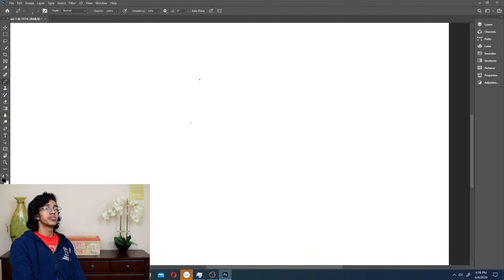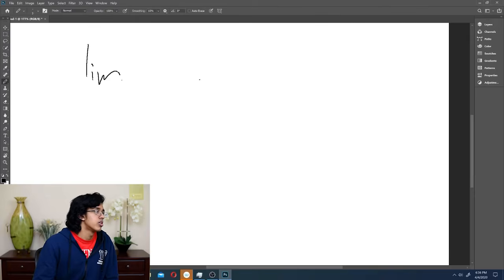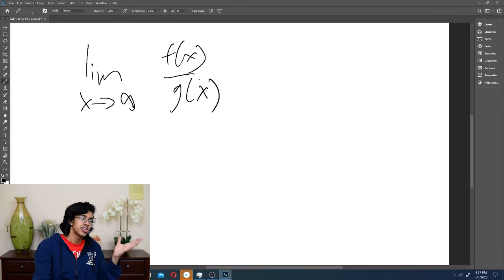Alrighty, last but not least, we got infinite quotients and then we are done. Let's go. So let's say we have the limit as x approaches infinity of f of x over g of x. Some of the obvious things: if f of x is defined and g of x is defined and not equal to 0, then this is just going to be the limit of f of x over the limit of g of x. Okay, we already learned that.